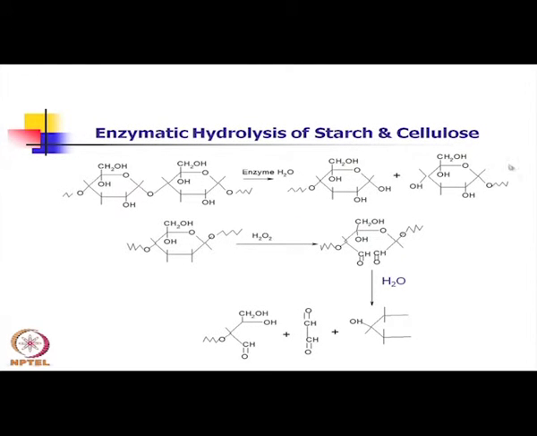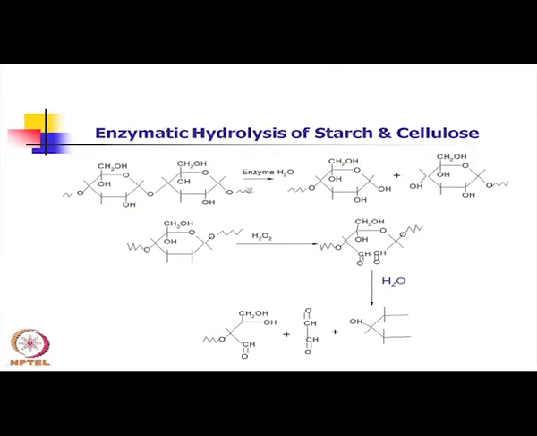This shows a chemical scheme, a reaction scheme, for enzymatic hydrolysis of starch and cellulose. This is the anhydroglucose unit of starch or cellulose. Now, enzyme in water breaks this linkage, forming fragments, which means the molecular weight of these polymers is almost reduced to half if there is one action of the enzyme at this bond.